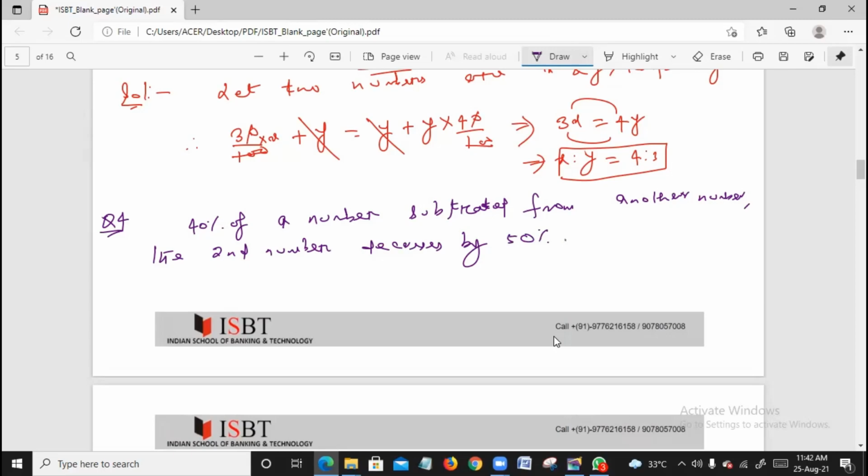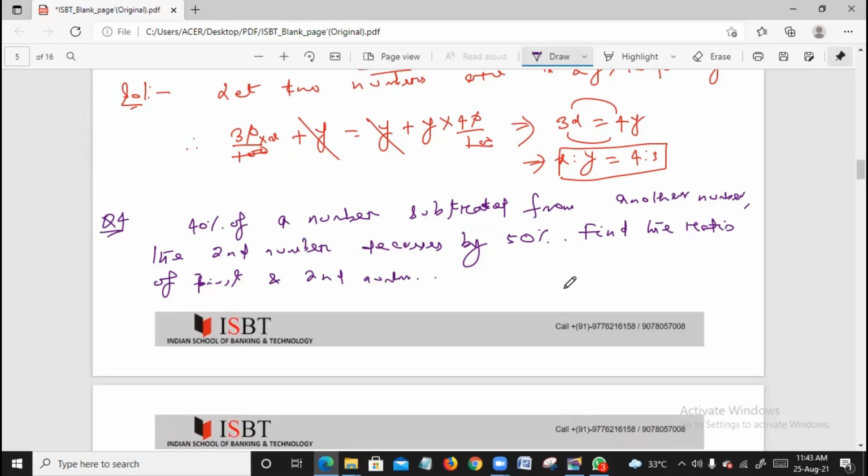Now the question is, find the ratio of first and second number.